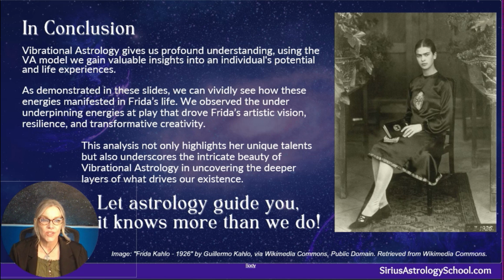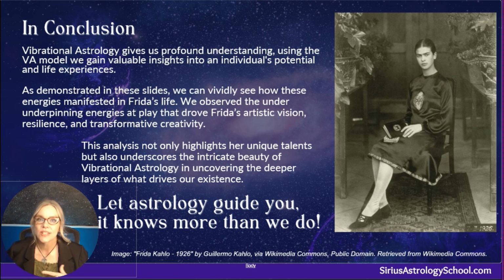So in conclusion, vibrational astrology gives us a very profound understanding. Using this model, we can gain valuable insights into an individual's potential. As I demonstrated in these slides, we can see how these energies manifested in Frida's life. We can also see the underpinnings of these energies that drove her vision, and also the vision which she displayed as well.